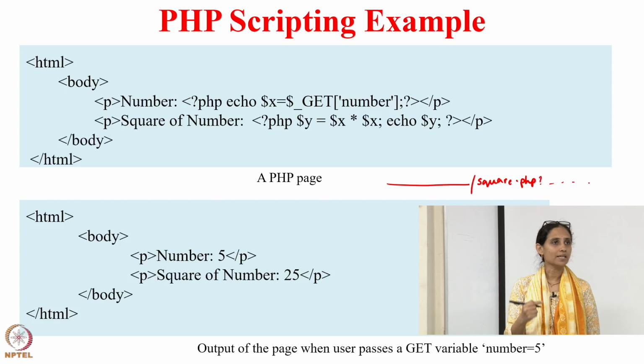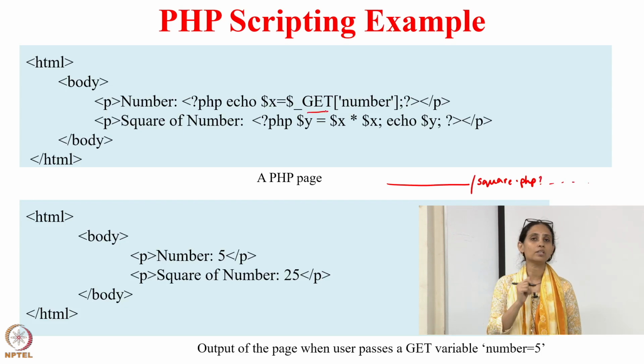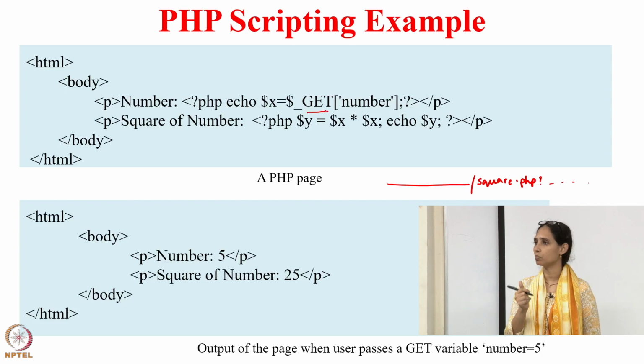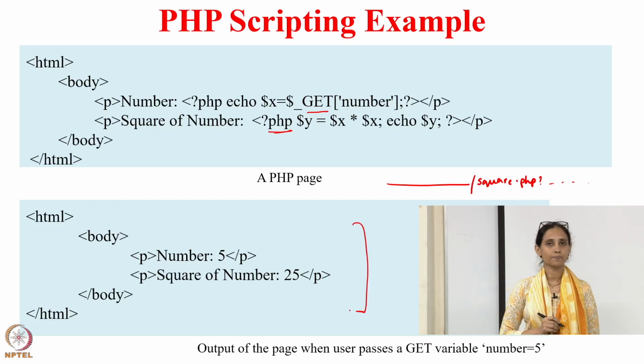So if this is being sent, from this input you are getting this number, so it is saying use the get method. HTML has get and post. Use the get method, whatever number is listed after that, you take it, fill it as part of x, and then square of number is this x into x, so this PHP is the scripting part of it, and the end result of executing the script is a HTML page, that is this.